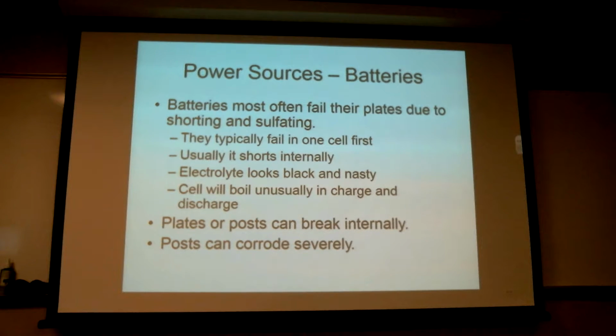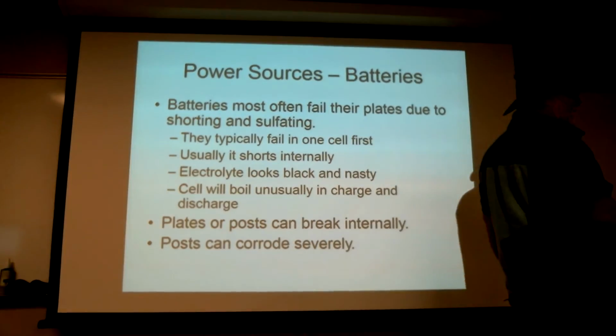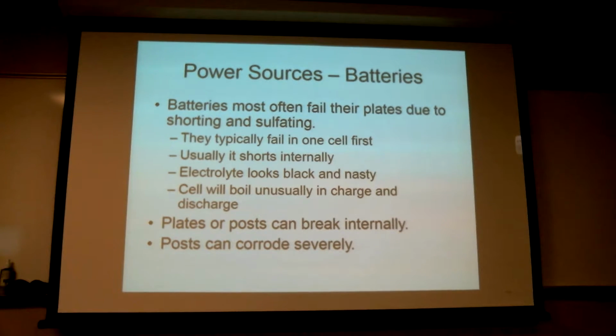So again, the most common cause of failure is truly just a function of time. If it's a cheap battery, 3 years. If it's an expensive battery, 5, 6 years, something like that. It's going to wear out. They'll typically fail in 1, sometimes 2 cells. Usually it shorts at the bottom of the cell.